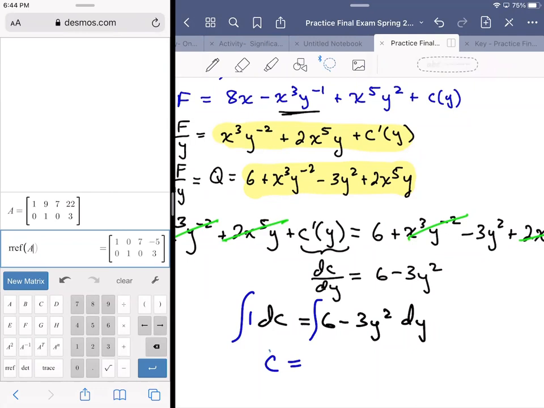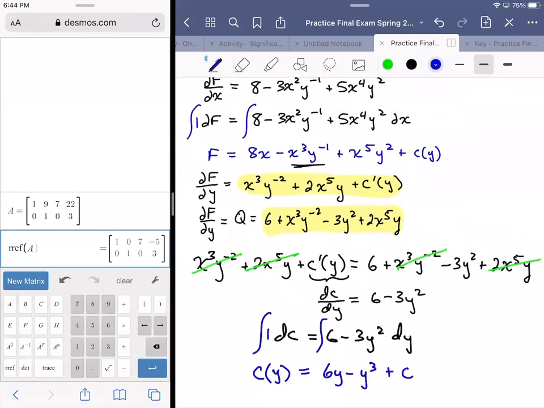Now remember that c is what I talked about during the lecture. The c on the left is really c of y, because we're about to introduce another constant of integration. So 6y minus y cubed plus c, as in an ordinary constant.